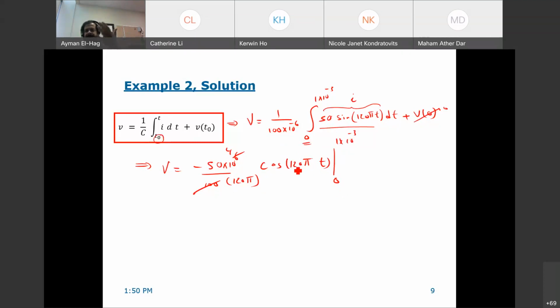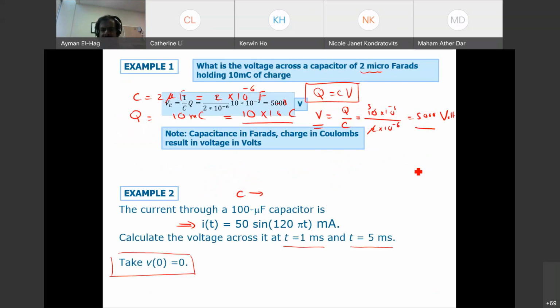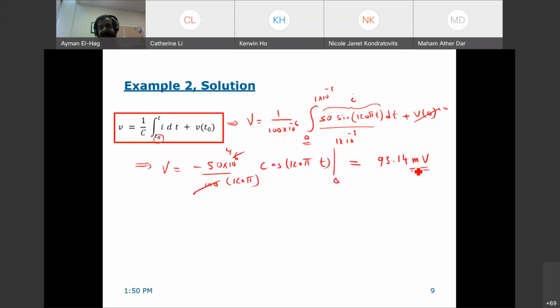This is like a limit integration. This is a constant value outside. So cosine of this minus cosine of 0. If you do that and find the value, you'll find this is equal to 93.14 millivolt. Now, it says also I need to find the voltage after 5 milliseconds.